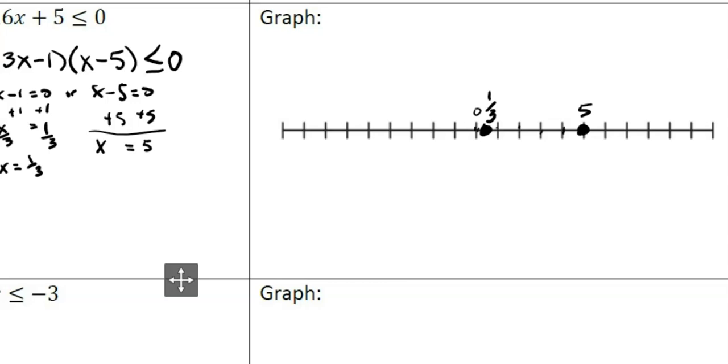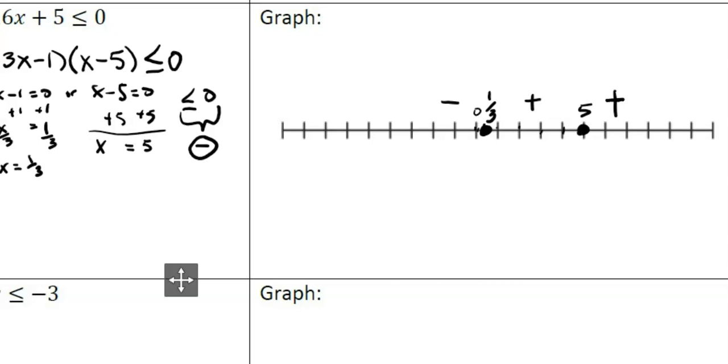And then we say, let's go back and analyze this. Less than or equal to 0 means that if it's less than 0, then it's negative. So then we're going to come over here and figure out where this thing is negative. So 1/3 is our 0 mark. To the left of that would be negative, and then positive to the right.